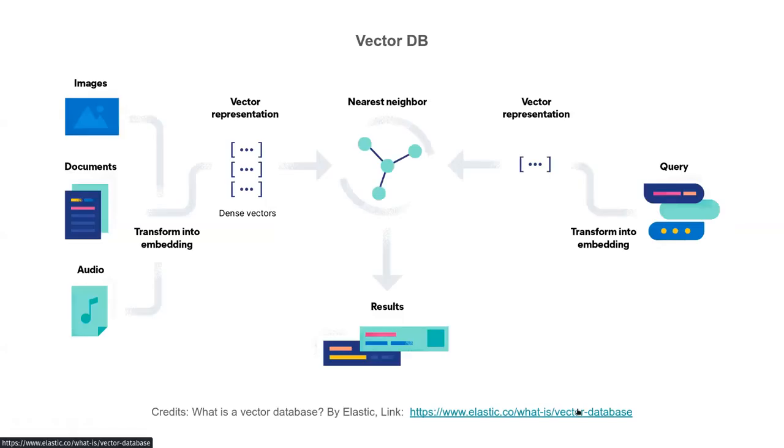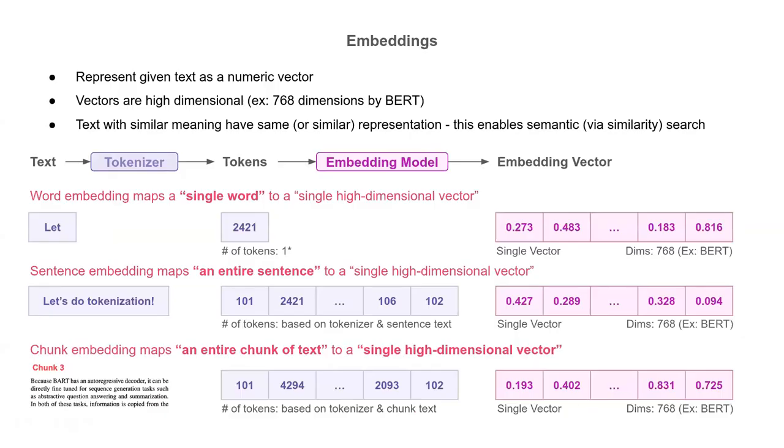What's important to notice is, can you go to the previous one? Yeah, sure. So you see the difference. One word is represented by 768 dimensions, just a single word. Whereas in the second one, you can see you have a much longer sentence, with multiple sentences in a chunk. Still, it is represented by a single vector with 768 dimensions.